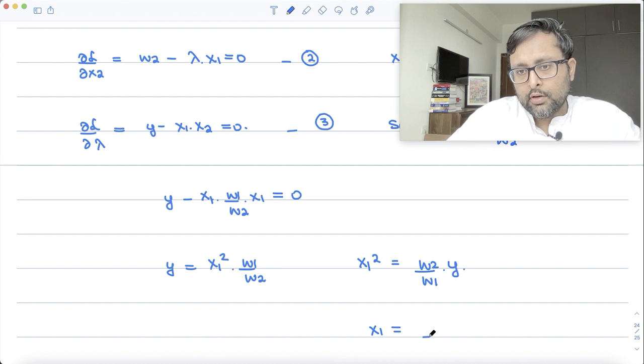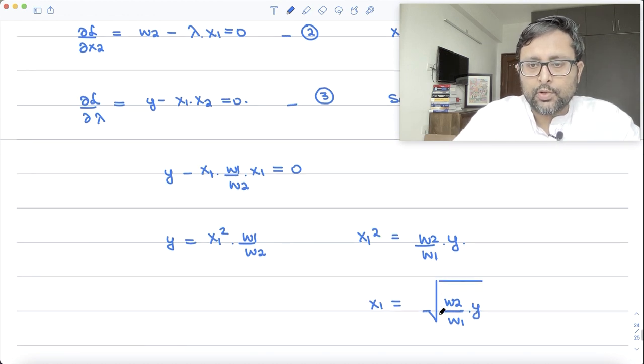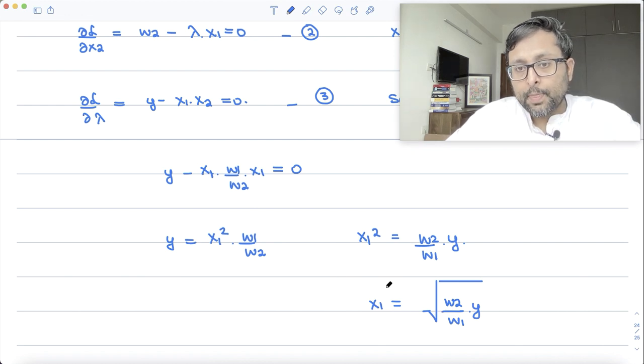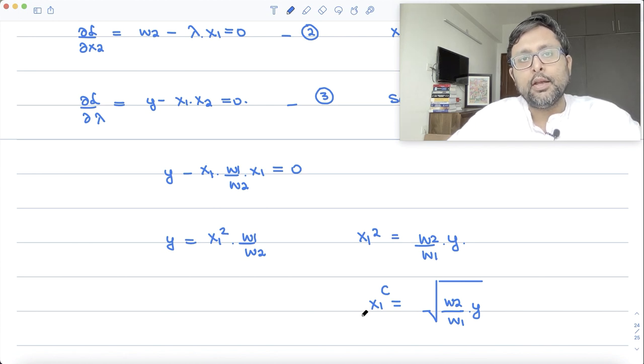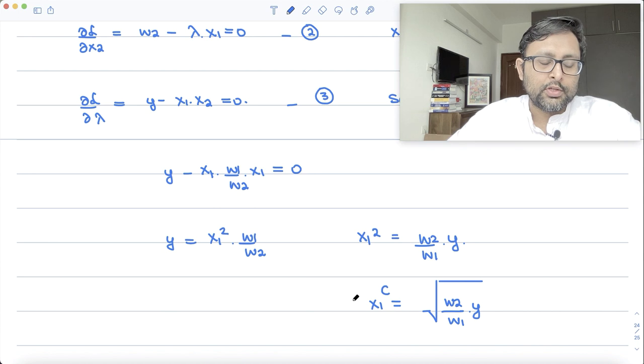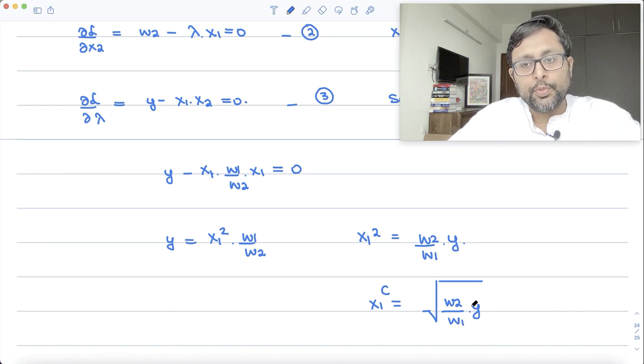X1 is what? Root of W2 by W1 y. This is what it is. Now, if you look at it, this is the conditional demand function for x1. This much amount of input 1 is going to be demanded by the firm, at input prices W1, W2, in order to produce the output y.